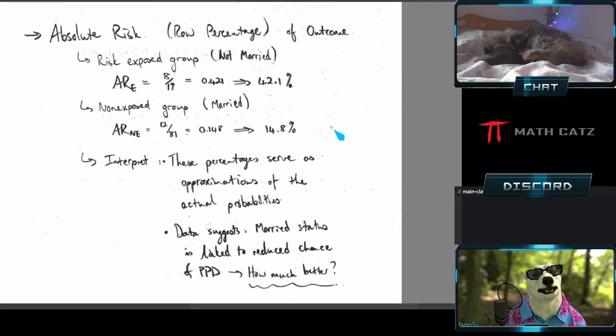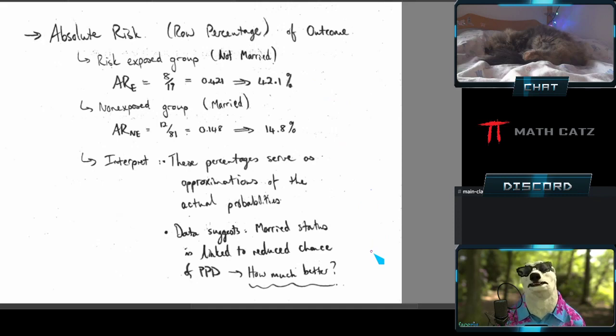But not everyone. They want to be given everything. They just want the number. Don't ask me as the reader to do any sort of calculation. So we want to also present a number that tells me exactly how much better or how much worse are my chances of getting postpartum depression being unmarried versus married.